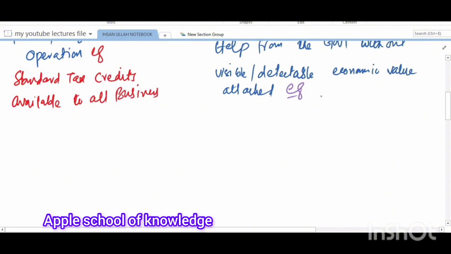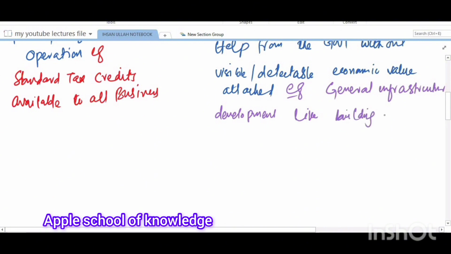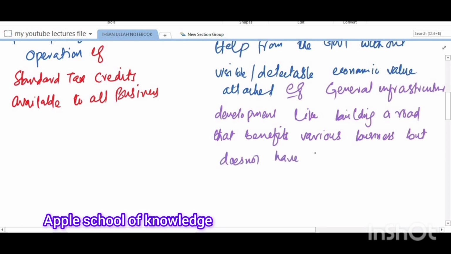For example, general infrastructure development, like building a road that benefits various businesses or entities, but does not have specific economic value attached. So we have discussed the definition of government grant.